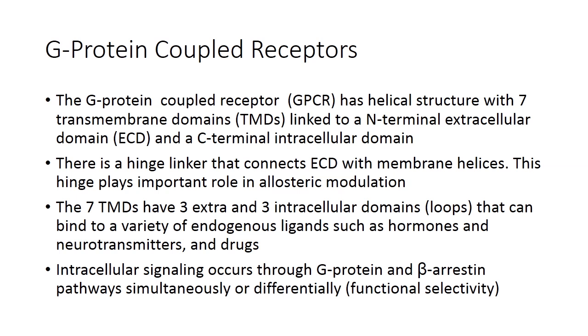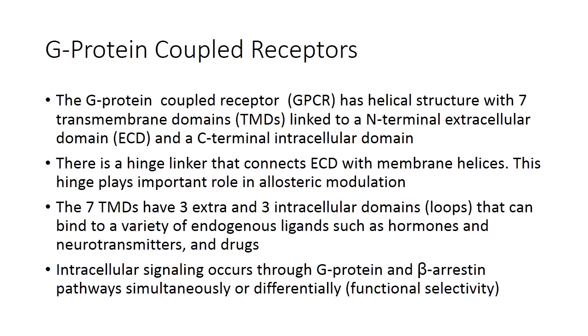The 7 transmembrane domains have 3 extracellular and 3 intracellular parts or loops that can bind to a variety of endogenous ligands such as hormones, neurotransmitters, and many drugs. It is found that allosteric modulators act on the transmembrane portion of the G-protein coupled receptors.